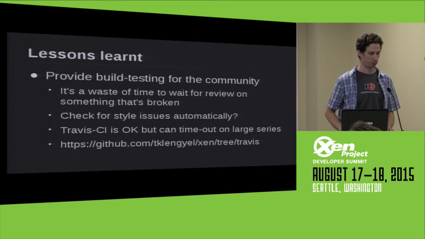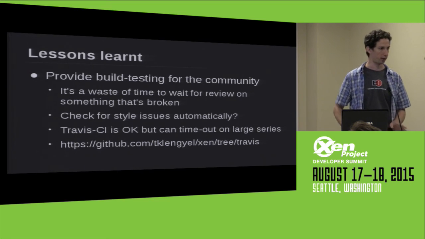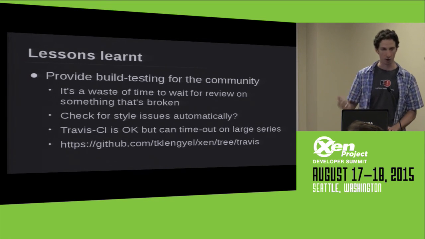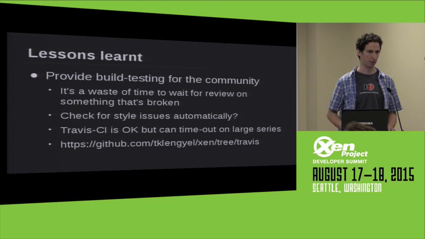Travis CI really saved me many times. It's up on GitHub if any newcomer wants to give it a shot. It's okay, but on large series it can really time out. If you have 16 patches, each needing to be compile tested, that will time out, because on Travis CI you have 1 hour to do everything. So it's okay.